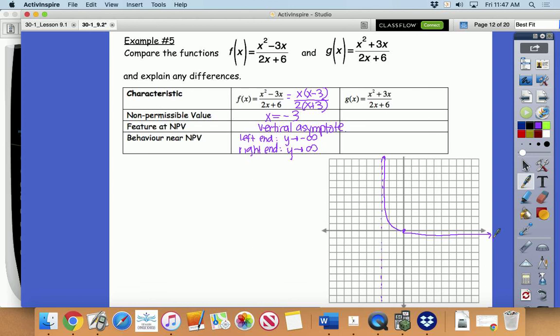Now, is there a horizontal asymptote on that one, guys? Actually there isn't one. In that first case, there's no horizontal asymptote. The reason is that whenever you have a higher degree at the top than at the bottom, you're going to have no horizontal asymptote. So I don't have to include that.